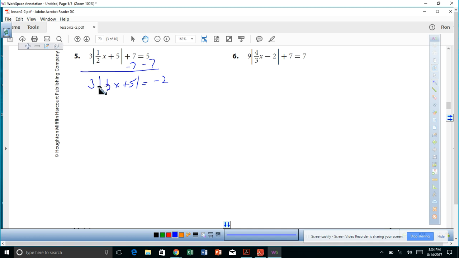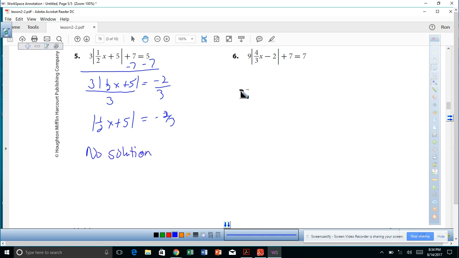Well, let's go ahead and divide both sides by 3. And we got the absolute value of 1/2 x plus 5 equals negative 2/3. Okay, now see, we got the absolute value isolated, and so it can't equal a negative, so we're going to write no solution.